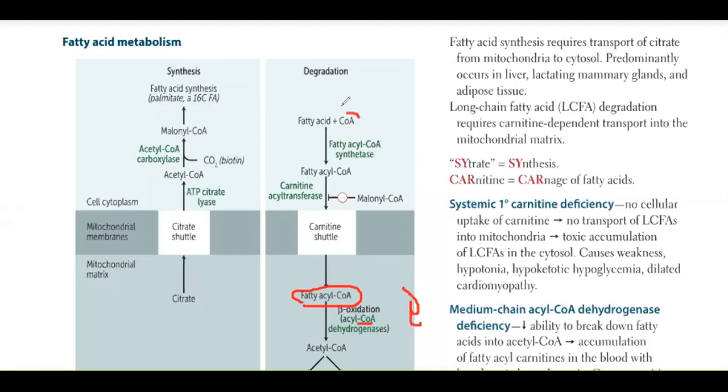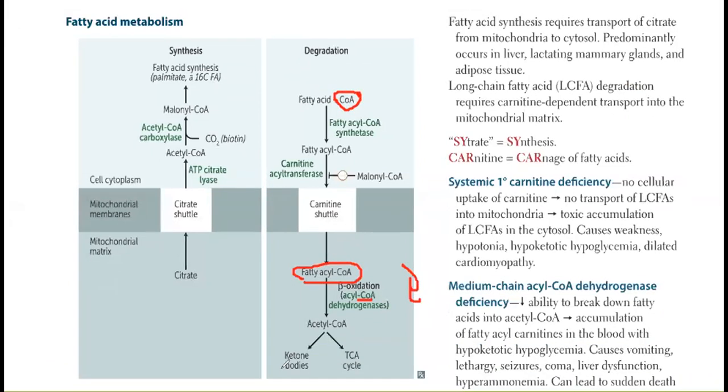This fatty acid is combining with CoA at this level, and then it is coming to this level, and it's becoming acetyl CoA and entering into the TCA cycle, and also forming the ketone bodies. So in these mechanisms, we require vitamin B5, pantothenic acid.